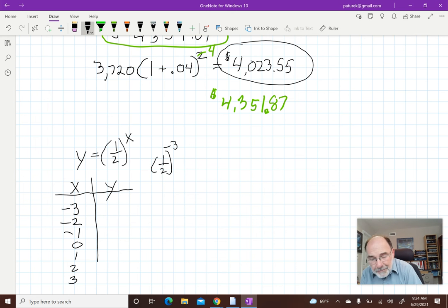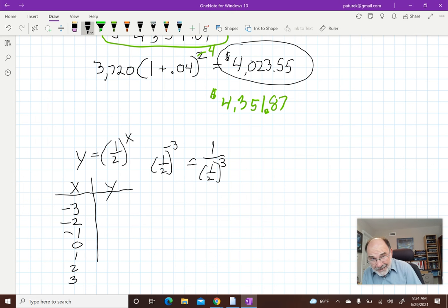A property of exponents is that a number raised to a negative exponent is equal to 1 divided by that number raised to the positive of that exponent.